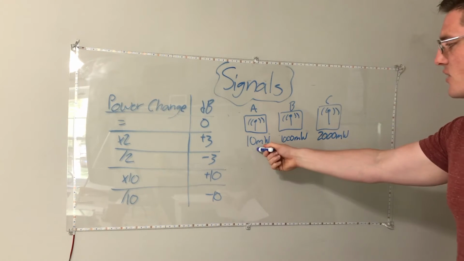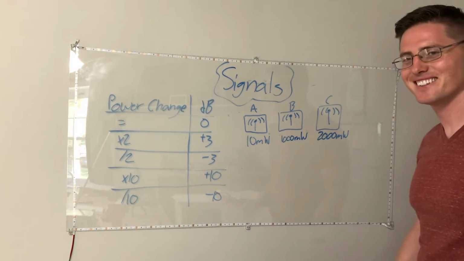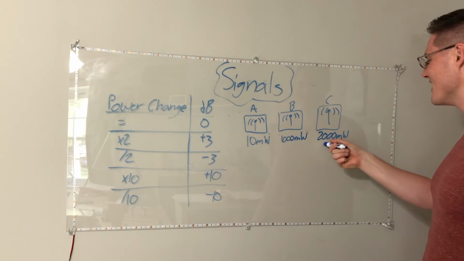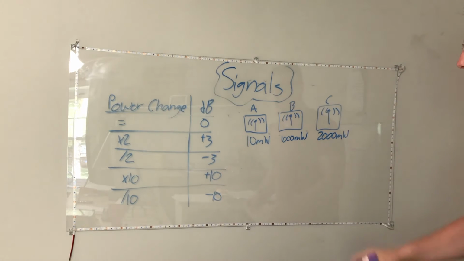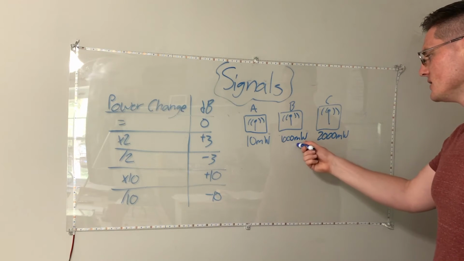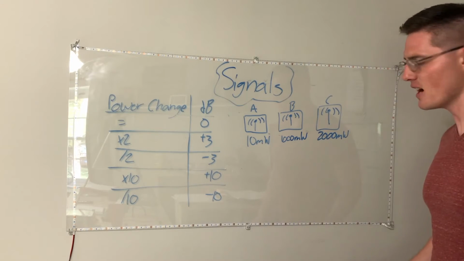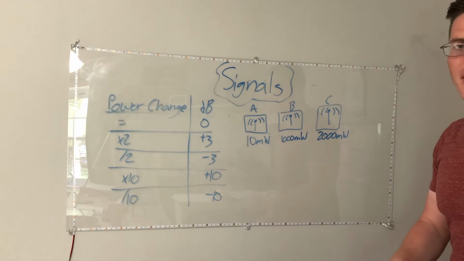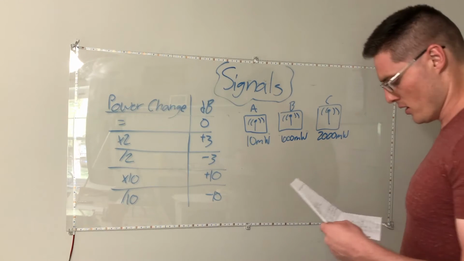So for antenna A, you have 10 milliwatts, and then you have 1,000 milliwatts, and then you have 2,000 milliwatts. Obviously, you can change these identifiers at the end. However, I'm leaving them as milliwatts just to make sure it's not confusing at all.